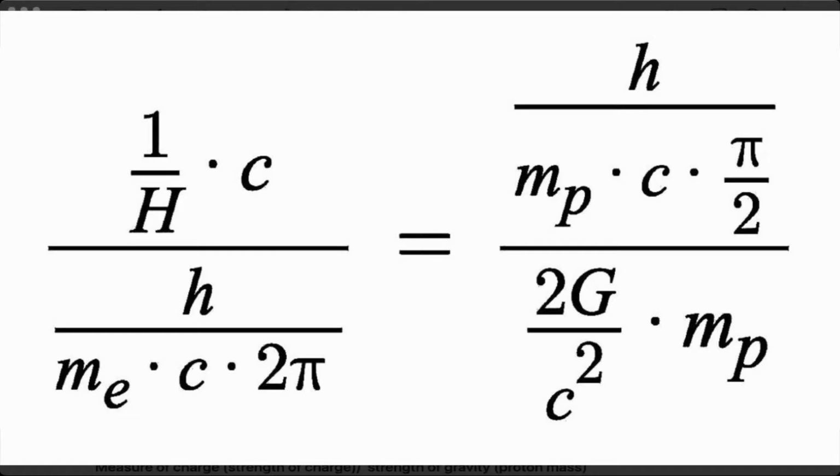The left-hand side is a ratio of the longest cosmically interesting length over the shortest cosmically interesting length, or particularly interesting length, which is the radius, the wavelength of a gamma ray photon from annihilating an electron, and then that over 2 pi, and that radius.